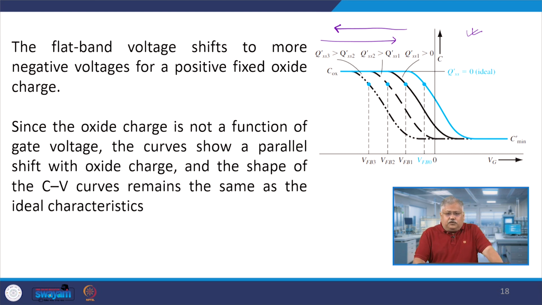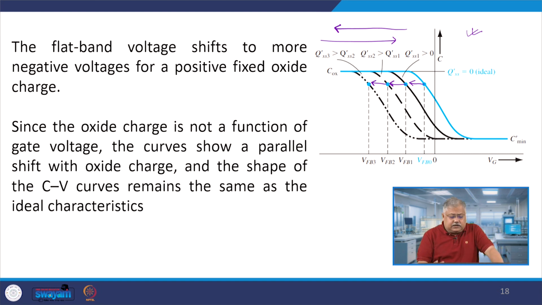Quite interestingly, you see the flat band point actually starts to shift to the left, which is a lower Vg value, as the amount of charge increases. And that is expected also, because once you have larger and larger oxide trap charges, you require a larger external voltage in order to neutralize it, and therefore the flat band shifts from VFB0 to VFB3 and it goes on increasing.